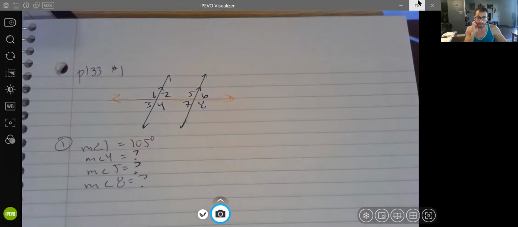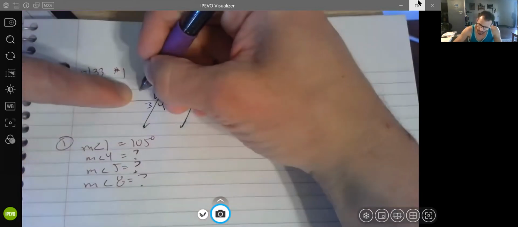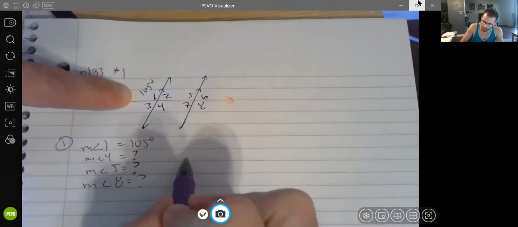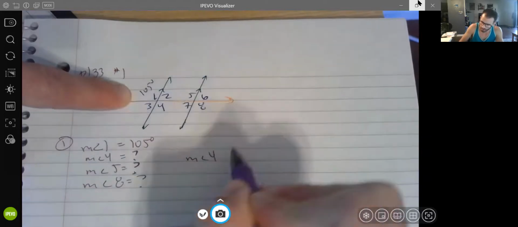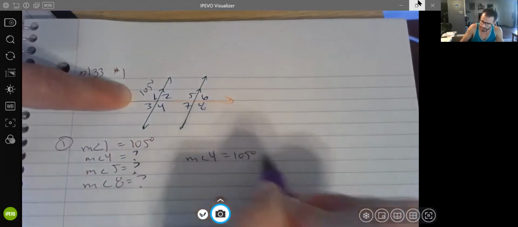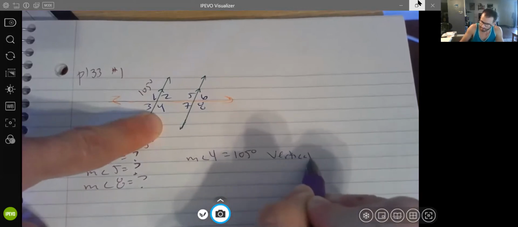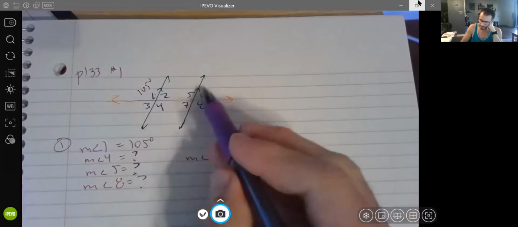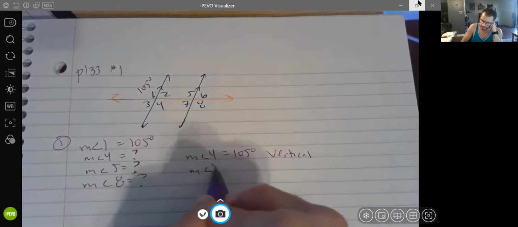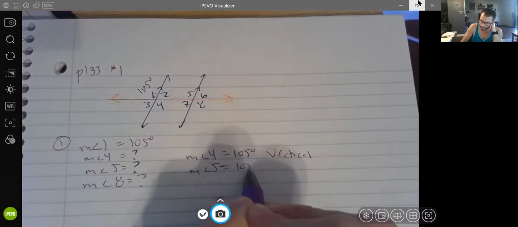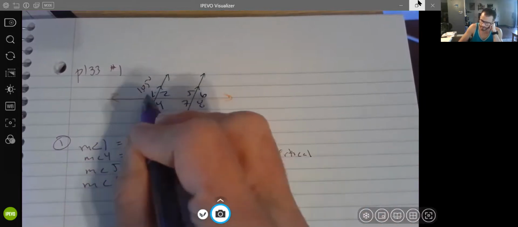We can use shorthand before Mr. Mitchell. All right, measure of angle 1 is 105 degrees. So the measure of angle 4 is also 105 degrees, and that would be vertical angles. The measure of angle 5 is also 105 degrees, and that would be what?